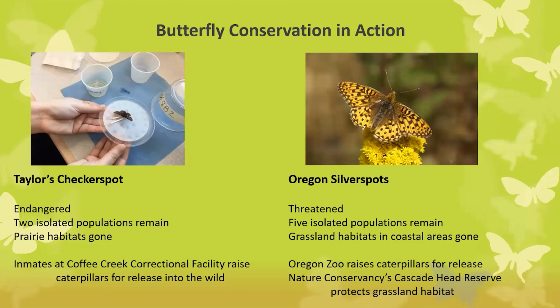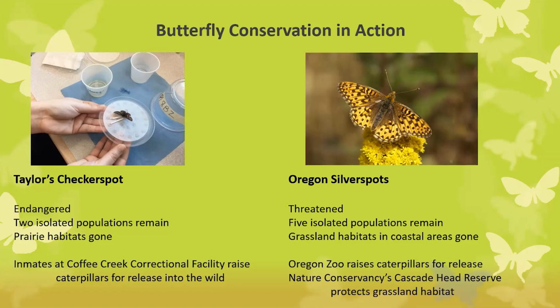Monarchs are probably best known in terms of their plight for survival. But I mentioned earlier in the Pacific Northwest, there are other butterflies in trouble, and Taylor's checker spot is one of them. It's endangered. It has only 2 isolated populations left because their habitats are mostly gone. And you might have read this story.